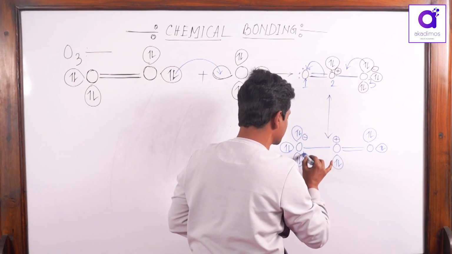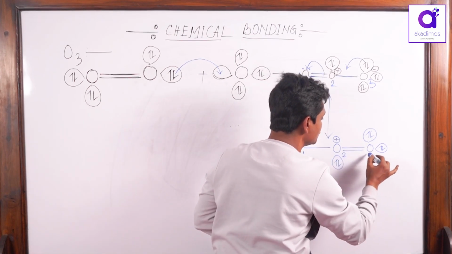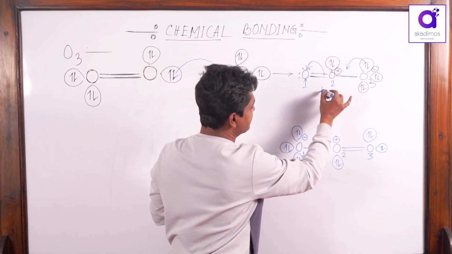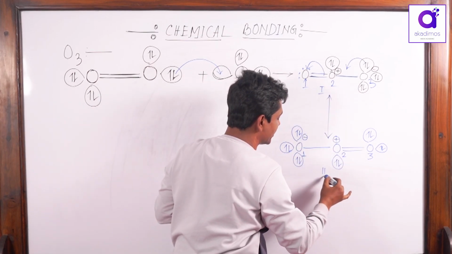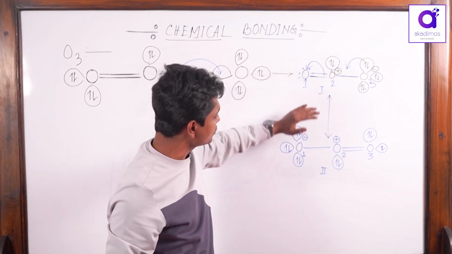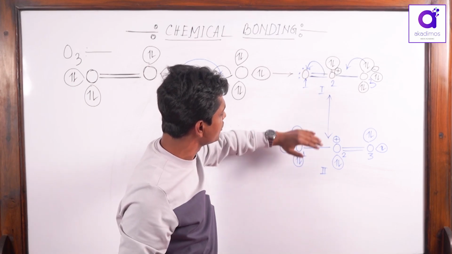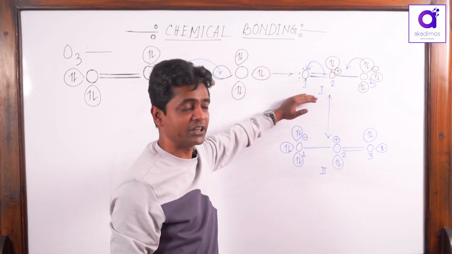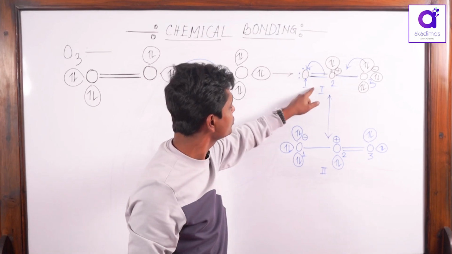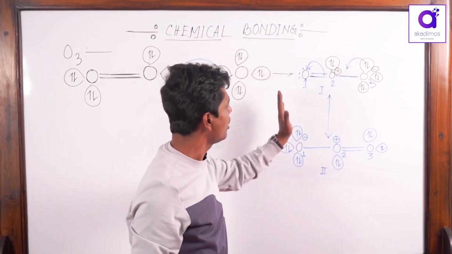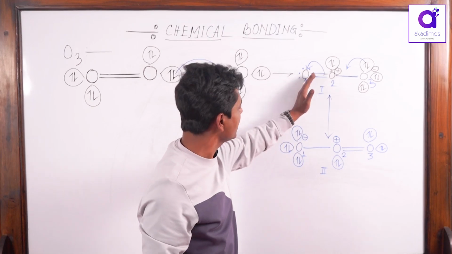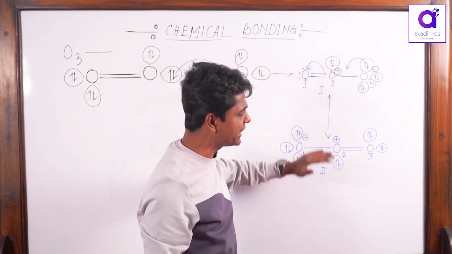Now see, this is oxygen 1, this is oxygen 2, this is oxygen 3. This is canonical form 1, this is canonical form 2. Both are equal in energy. How? Both have an equal number of bonds, all are oxygen atoms, both are equally stable and have equal energy.